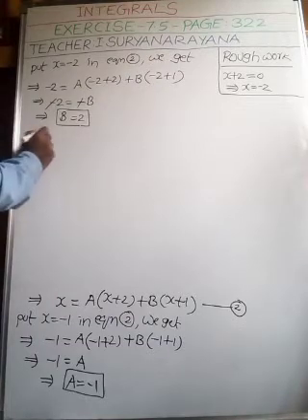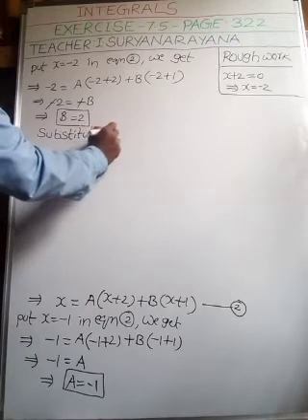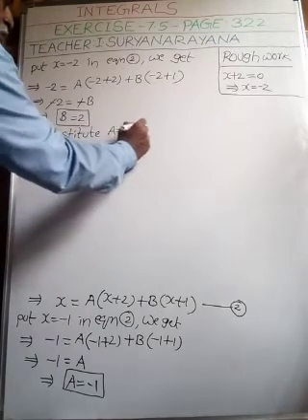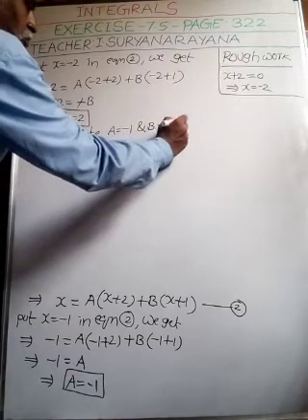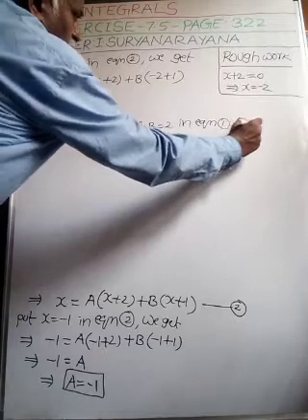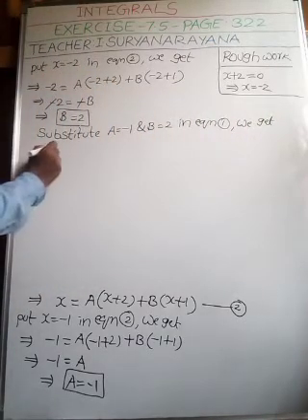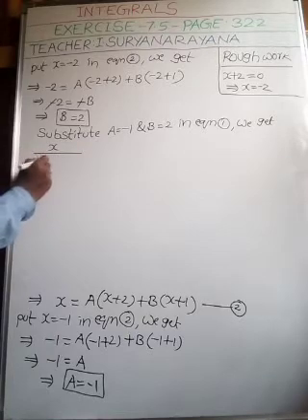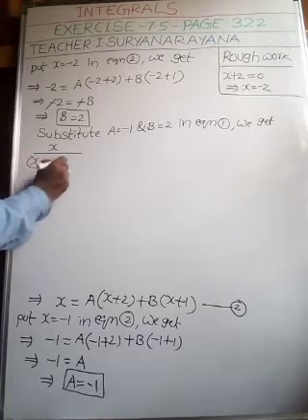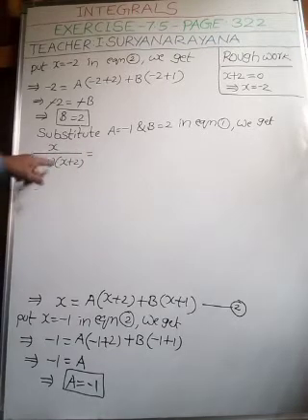Substitute a is equal to minus 1 and b is equal to 2 in the equation 1. In the equation 1 we get x by x plus 1 into x plus 2 is equal to, we wrote a by x plus 1.